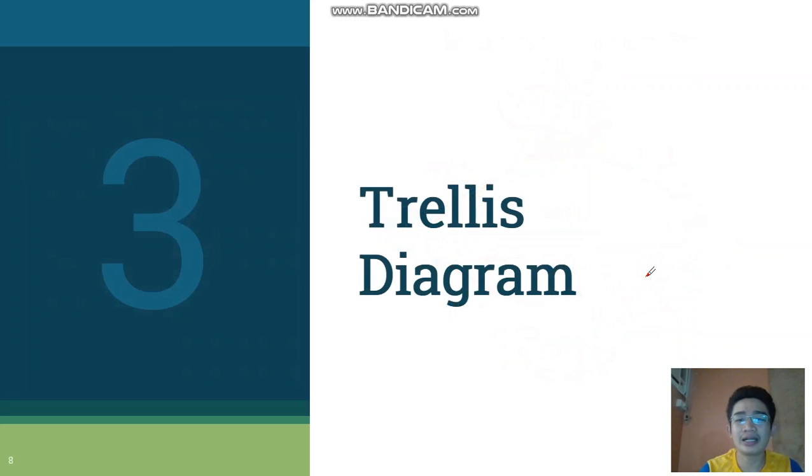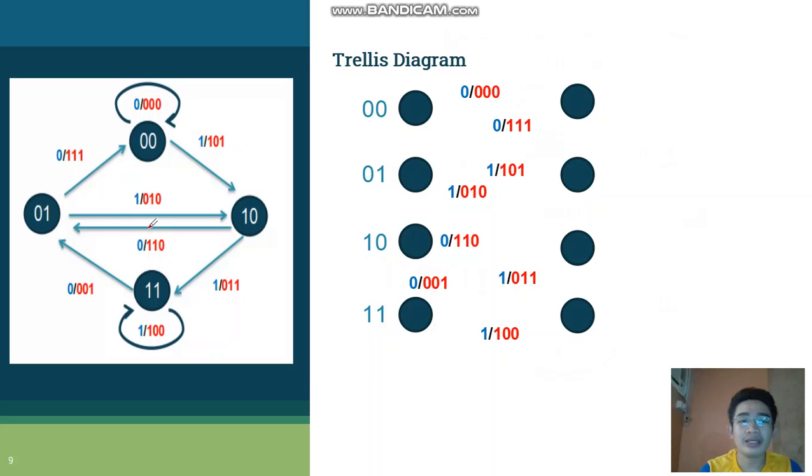The tree-list diagram. We can use the state diagram to fill up the tree-list diagram. In the tree-list diagram, we use the 0 0. We will duplicate it: 0 0, 0 1, 1 0, and 1 1. We can see this: 0 0 will return to 0 0. Second, 0 0 will go to 1 0.